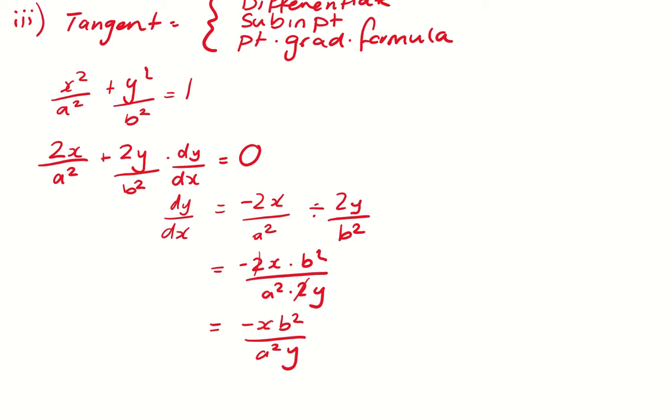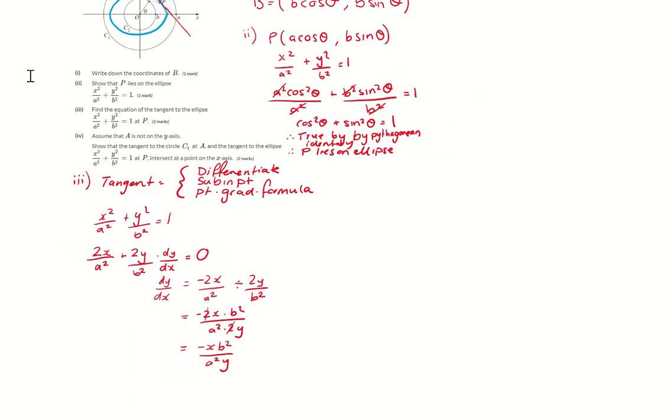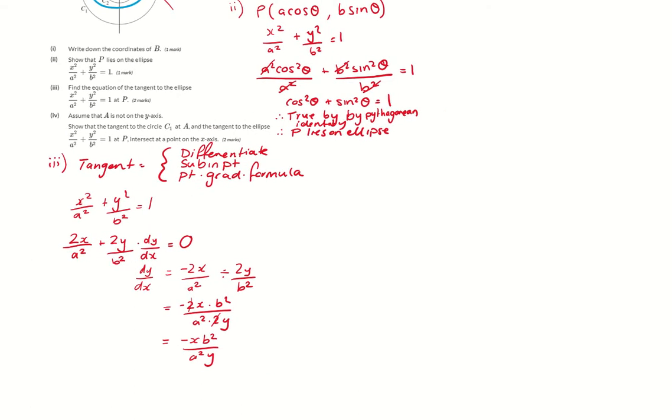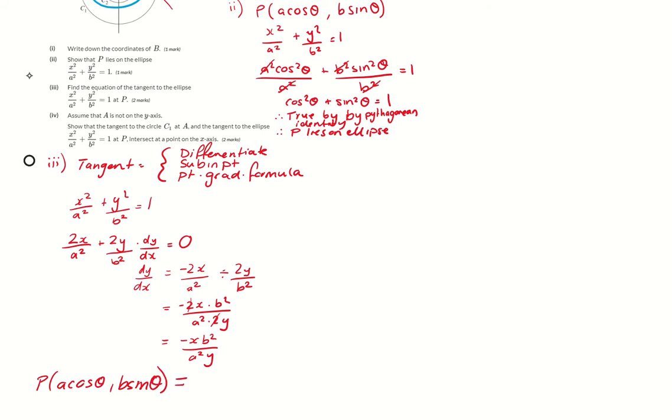But I want to know what it is at point P, and I know that from previously I said that point P is a cos theta, b sine theta. Subbing those in for my x and y, I'm going to have negative a cos theta b squared over a squared b sine theta.